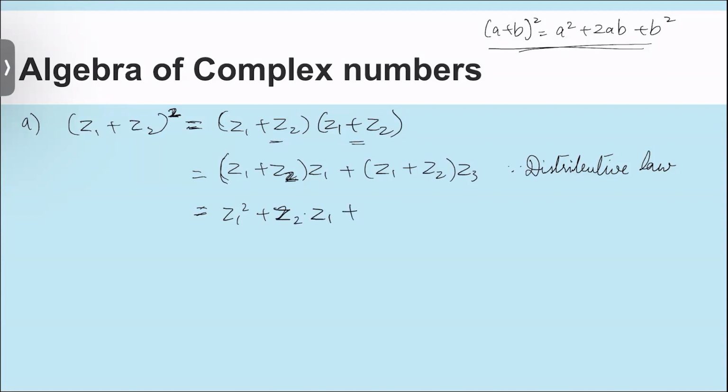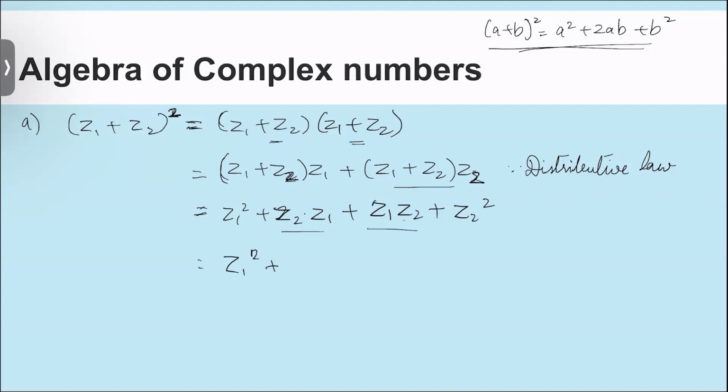When we expand the second term, we will get z1 z2 plus z2 squared. So finally we get z1 squared plus these two, which are the same.